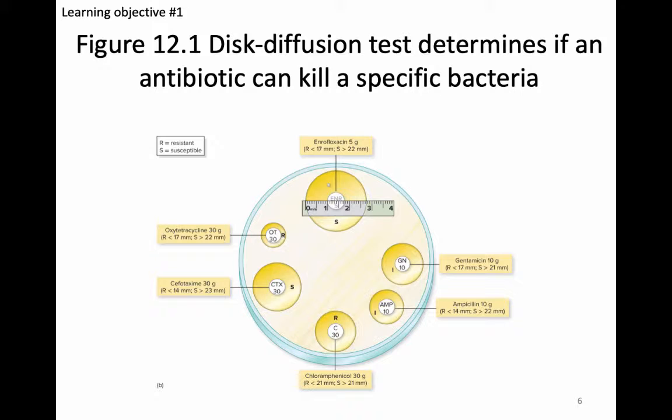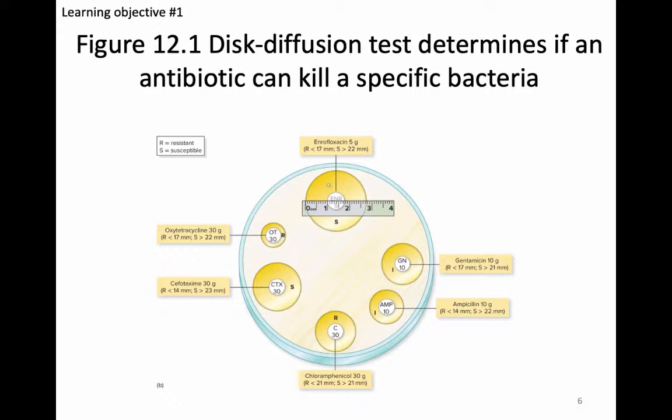But if the zone of clearing is greater than 21 millimeters in diameter, we would say the microbe is susceptible to the antimicrobial. So if the zone of clearing is greater than 21 millimeters for a particular microbe, gentamicin would be a good candidate for treating an infection with that microbe.